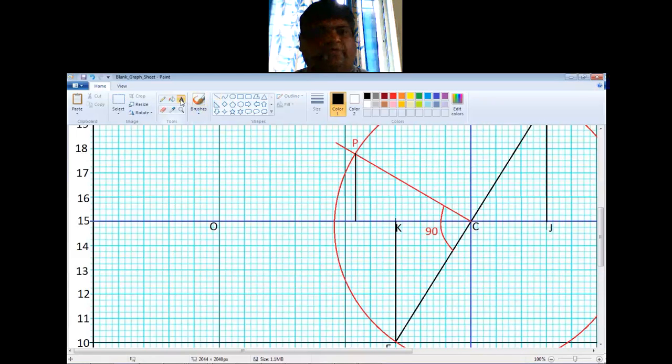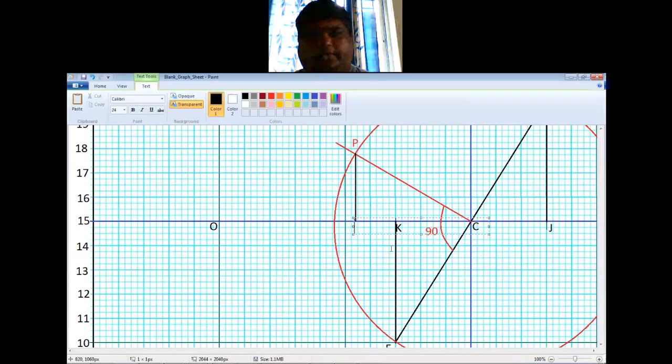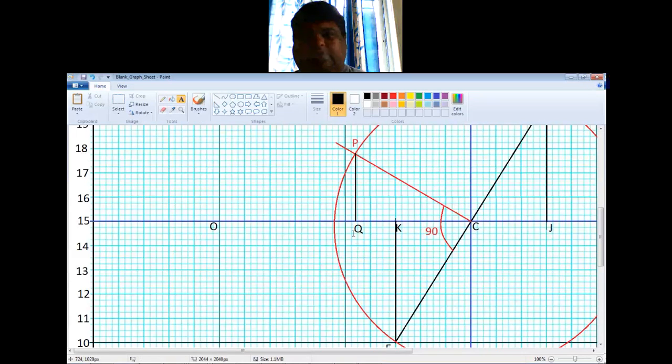So this point will be Q. This is Q and this is perpendicular. So that is perpendicular there.